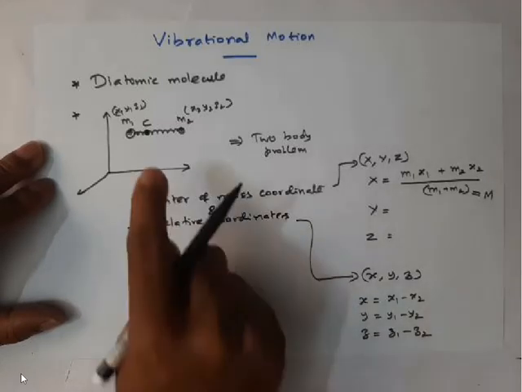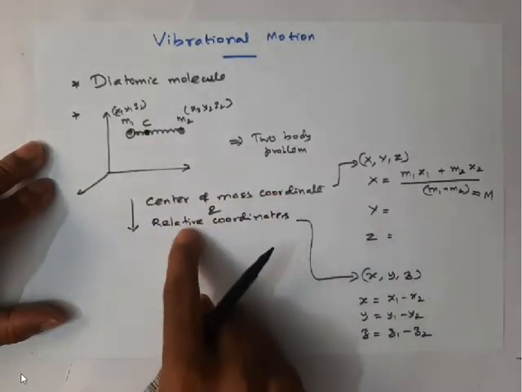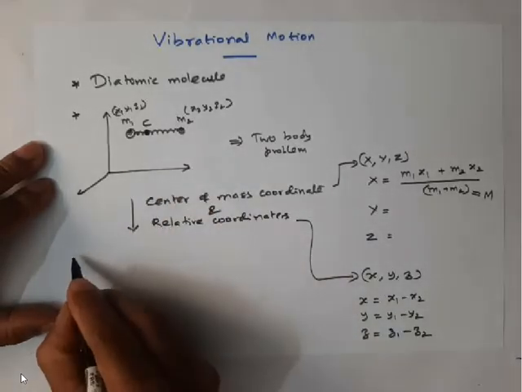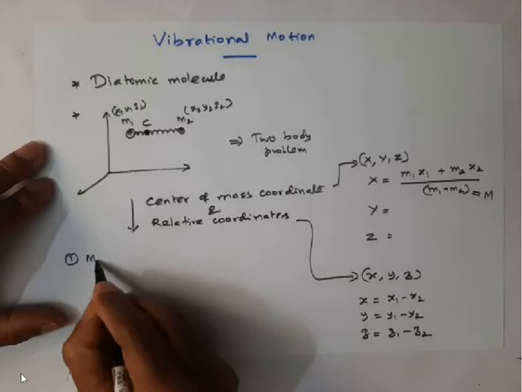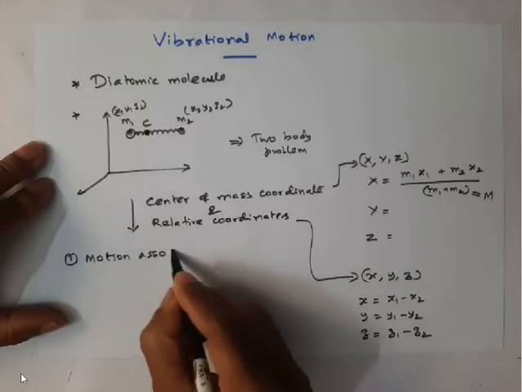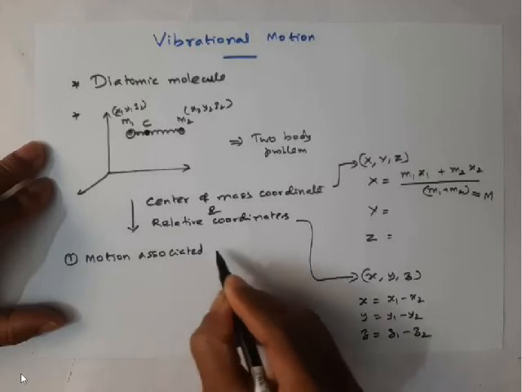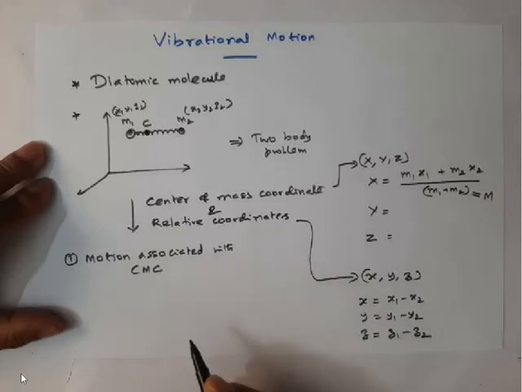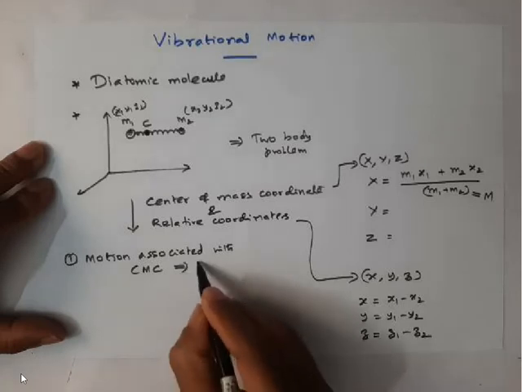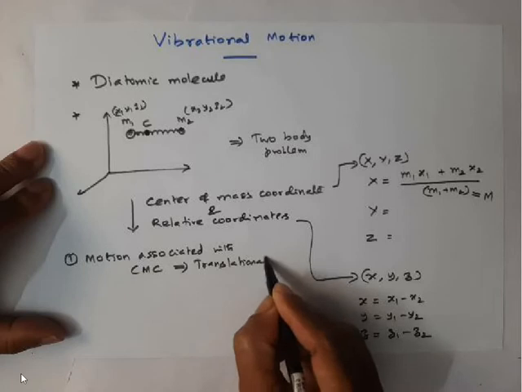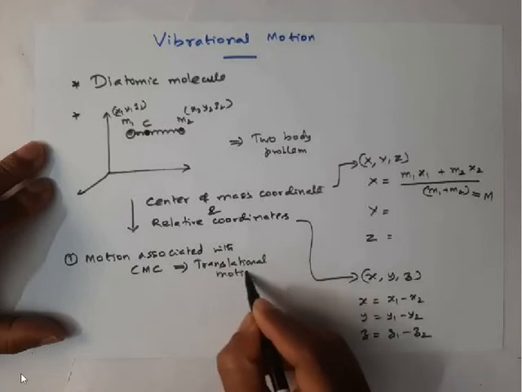By taking center of mass coordinate and relative coordinate, we will get two types of motion. Number one, the motion associated with the center of mass coordinate. We call this motion translational motion.